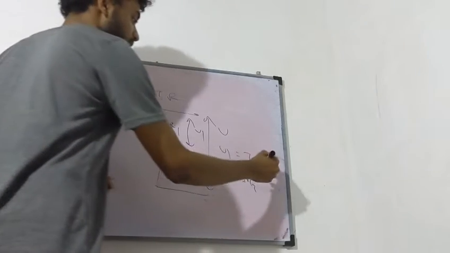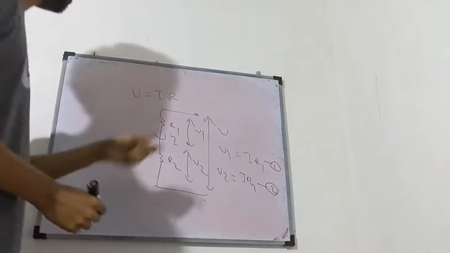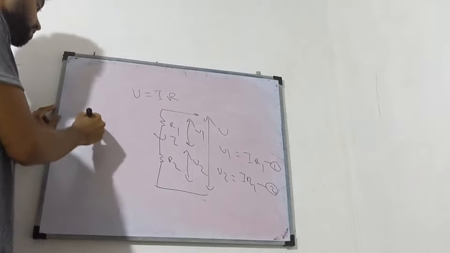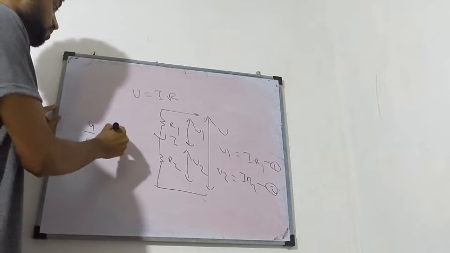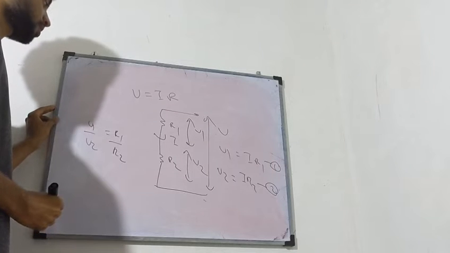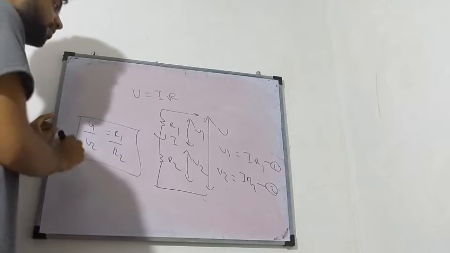If we divide both these equations, equation 1 and equation 2, we get V1 divided by V2 is equal to R1 divided by R2. I hope it's clear. We can highlight this and keep, right?